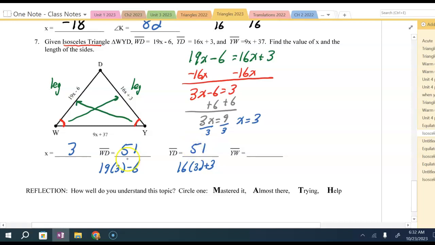And this is a nice check because the legs should be equal. And then for the base, 9 times 3 plus 37, I typed it in wrong, I will get 64. So I hope you found this video helpful.